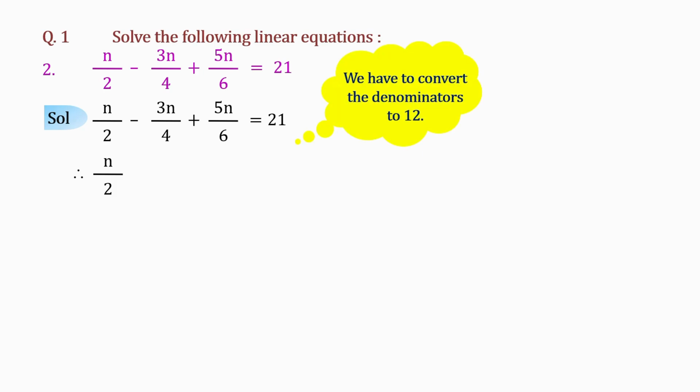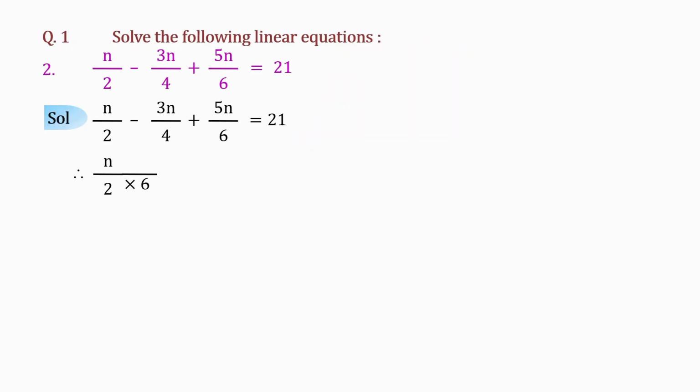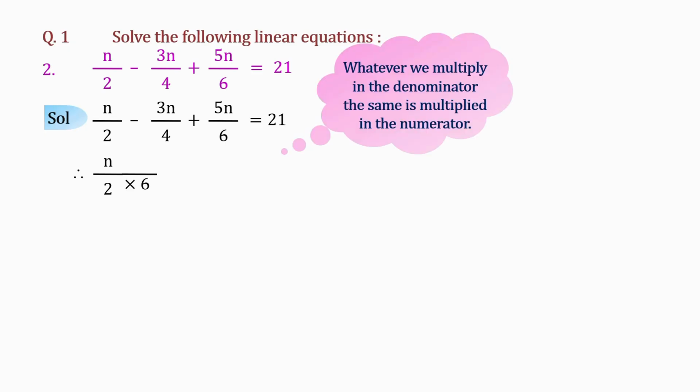So we have to convert the denominators to 12. So we are going to multiply a number in the denominator, that is 6, and we have to multiply the same number in the numerator as well.